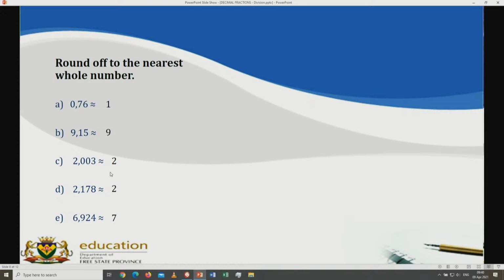Remember, for the whole numbers, we are looking only at the tenths. This is the tenths. They tell us whether we are going to the next whole number or we remain at the whole number that is written there, whether it is 0 or 9 or 2 or 6. These tenths digits tell us whether you go to the next or you remain as you are.